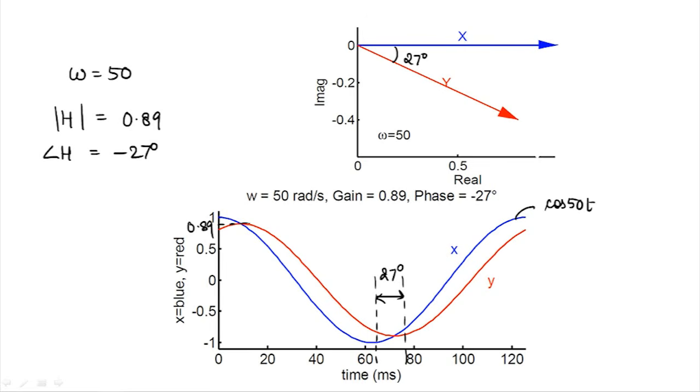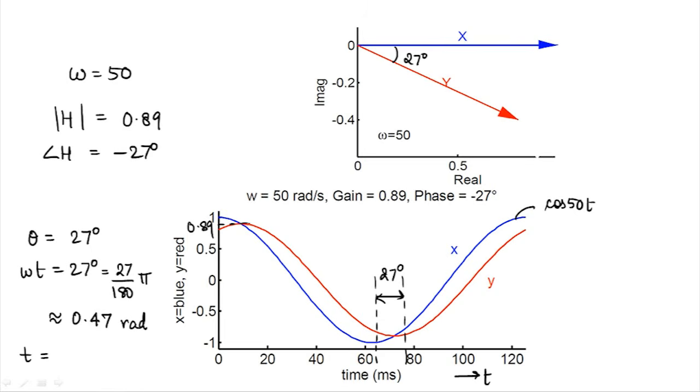This is the phase difference in terms of angle. Now remember that the horizontal axis is actually time. That means if the angle is changed by 27 degrees, omega t is 27 degrees, which is approximately equal to 0.47 radians. If omega t is 0.47 radians, then in t, this difference corresponds to 0.47 upon omega, that is approximately 9.4 milliseconds.